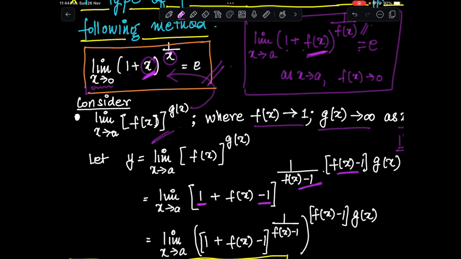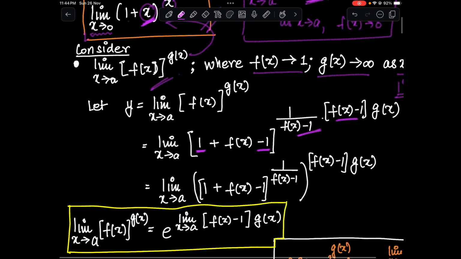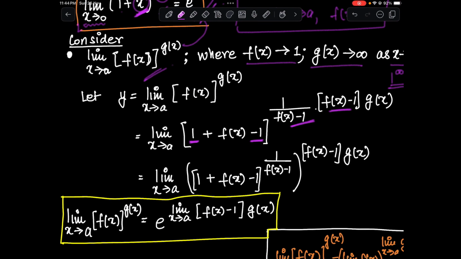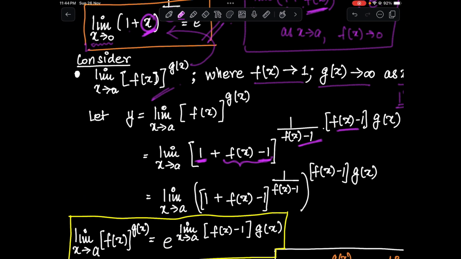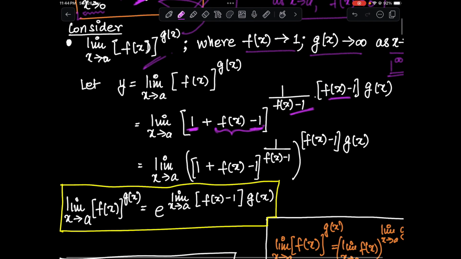For that I need 1 inside, and in the power I need 1 over f of x. Now over here, if I need 1, I have to subtract. Okay, I'm doing that. Now this is the function that you get in place of x here. This same thing should be the reciprocal in the power form, so I am doing this.